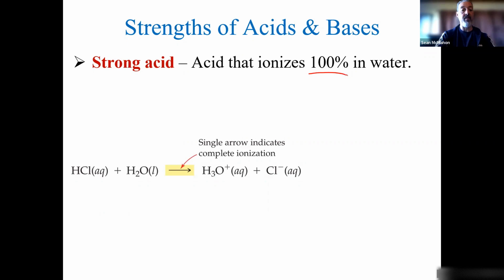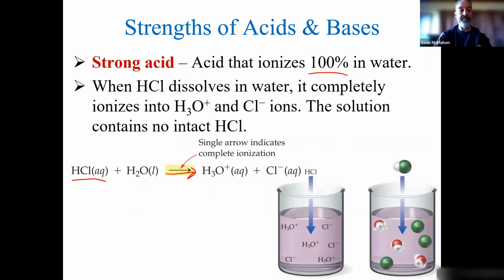So that's why hydrochloric acid, which is one of the 6 strong acids, completely dissociates. And that's why we only see the arrow going in one direction. So hydrochloric acid is a strong acid because it completely breaks up into ions. And as a result, not only is hydrochloric acid a strong acid, it's a strong electrolyte. So when I throw it in water, only ions will be present.